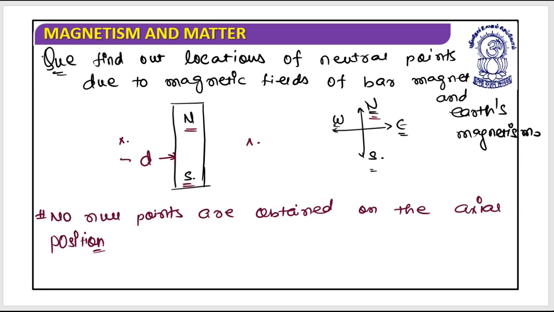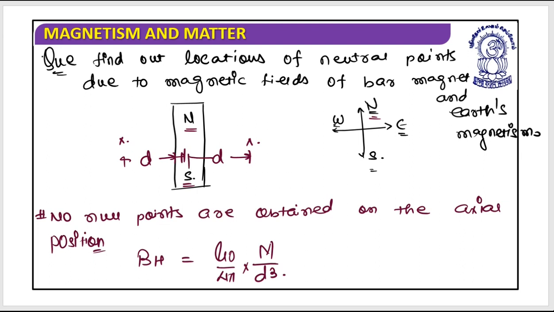Let's say this is D. Ideally it is from the middle of the magnet. So if it is a short magnet, then I can write BH equals mu naught by 4 pi multiplied by, for the equatorial position, m by d cube. The same thing is true for this as well.